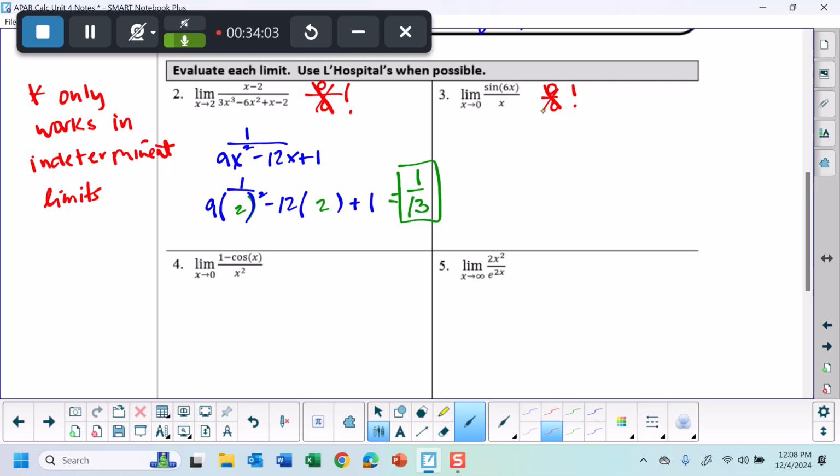What is the derivative of the sine of 6x? I heard it. The cosine of 6x, and what are you going to remember? Chain rule, right? What is the derivative of x? 1.